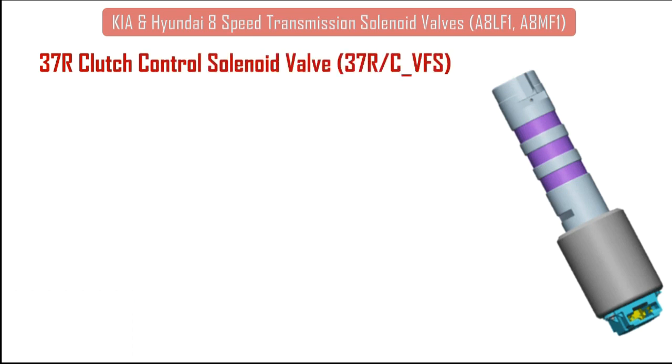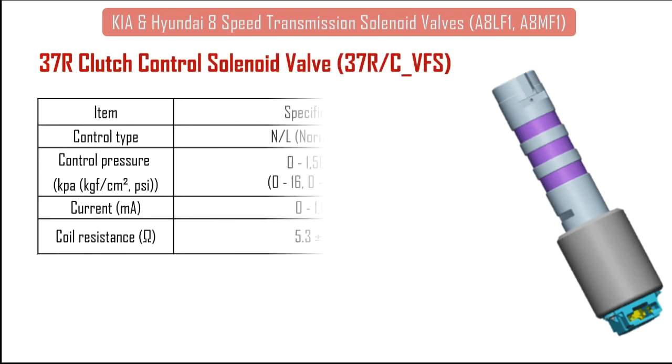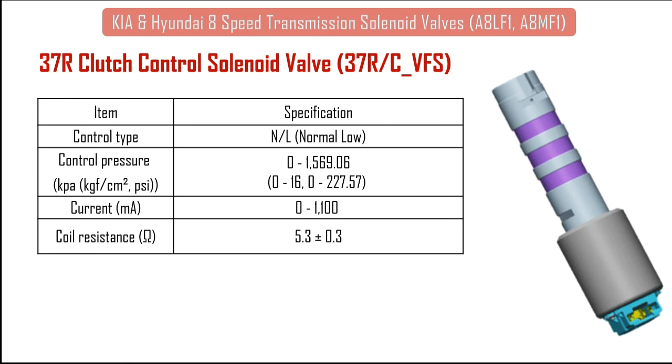The next solenoid is the 3/7/R clutch control solenoid valve. This one is normally low as well, exactly like the previous one. So the current range is again between 0 and 1100 milliamp, and the resistance is the same because they are exactly the same type of solenoid valves.